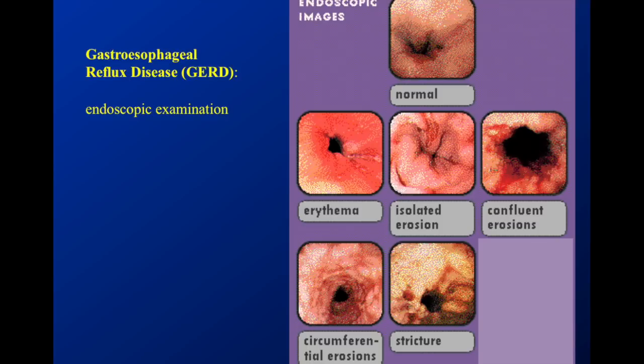So these are some endoscopy pictures pertaining to GERD. You have the normal at the top, and then erythema after a while with reddening and inflammation due to acidic damage, and then with persistent exposure you get isolated erosions followed by confluent erosions, and then circumferential erosions, and eventually you get strictures.